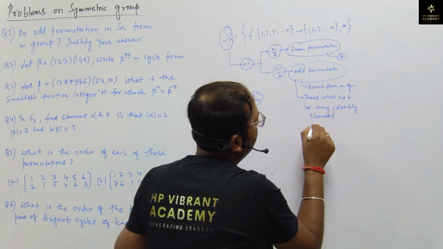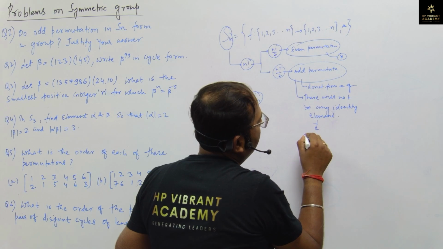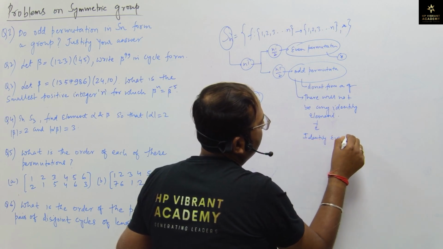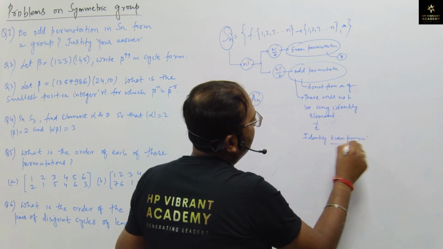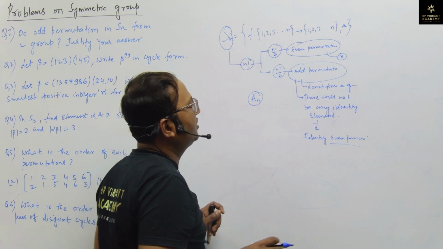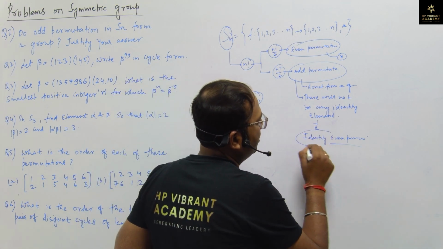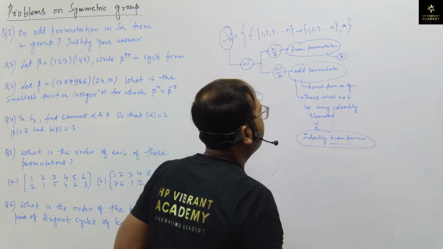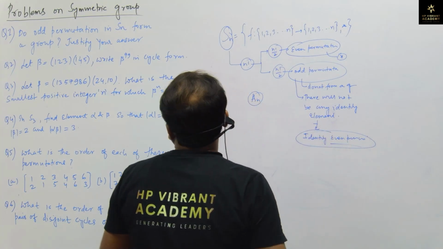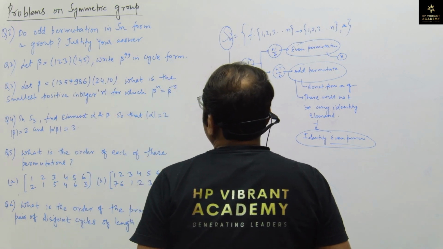And secondly, the identity is an even permutation. So the set of odd permutations will not satisfy the basic properties for being a group. Group होने के लिए जो basic properties होती है वो उसको satisfy नहीं करेगा, because there will not be any identity element. That's why the odd permutations do not form a group.